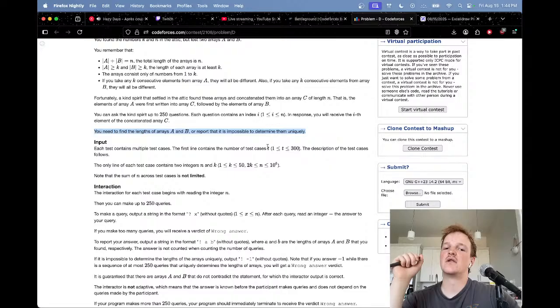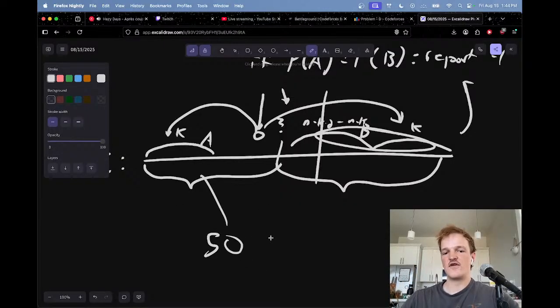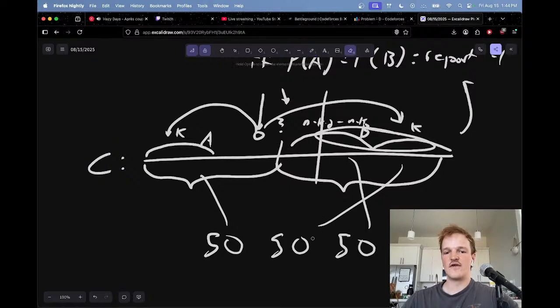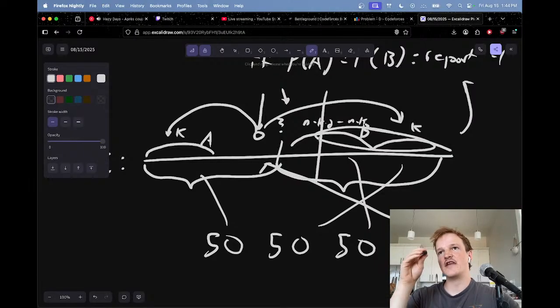And 1,000,000 log 2 is 20. So if you dedicated 150 of these, you said, okay, this is 50, this is 50, this is 50. Let's say you spend another 50 on the binary search to get at least within 50.